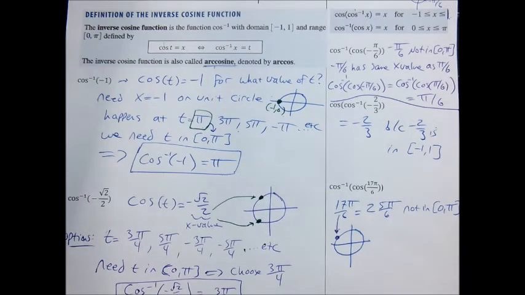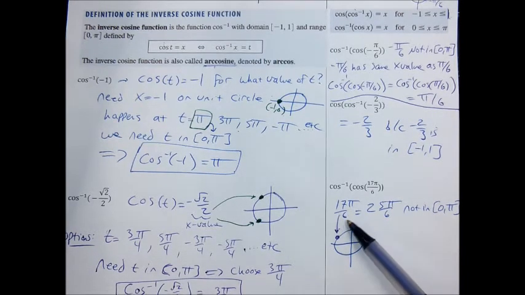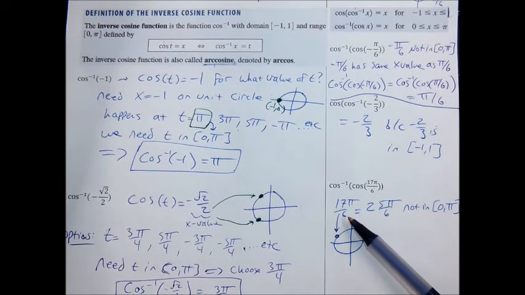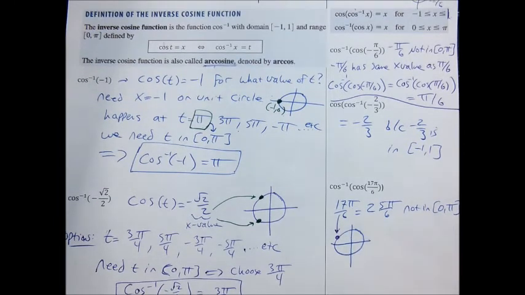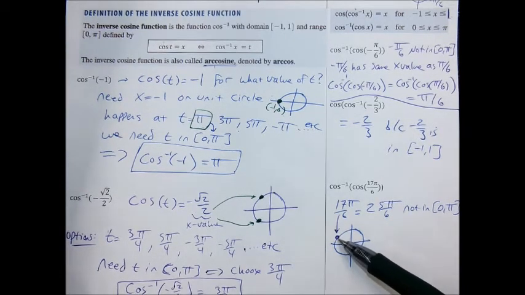So that's on the top half of the unit circle, at least. It's on the right piece. It's just not in the right interval. And so this is a situation where we would want to think of something coterminal with that 17 pi over 6, that's between 0 and pi. So what is that? What's something between 0 and pi that would also put us on that spot?